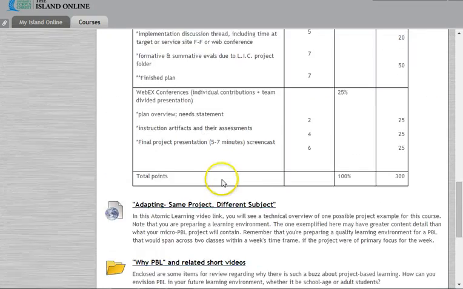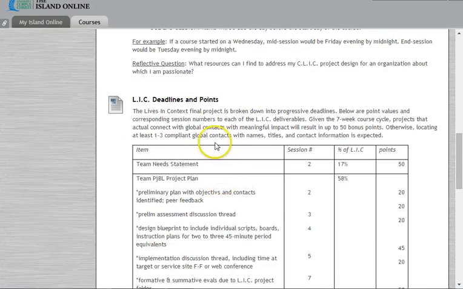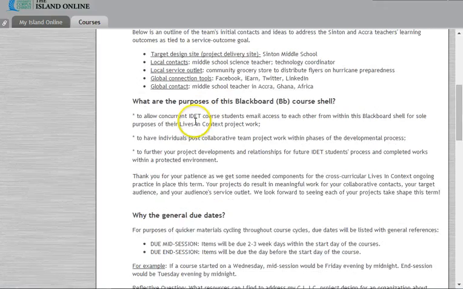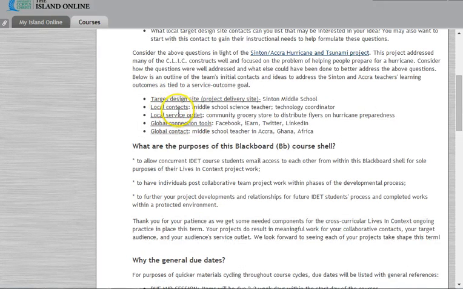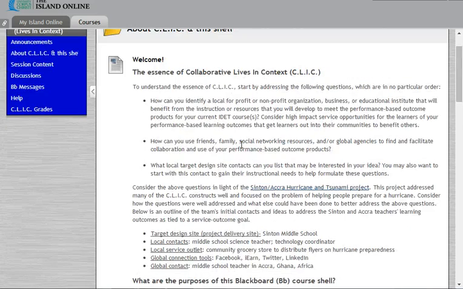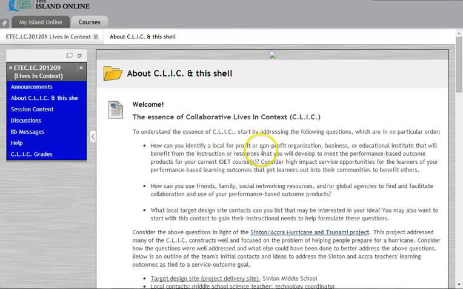In your PBL shell, you will see some ideas for local contacts, local service outlets, global connections and global contacts, and target design sites. Be sure to use these resources to identify your potential target design sites and local and global contacts.